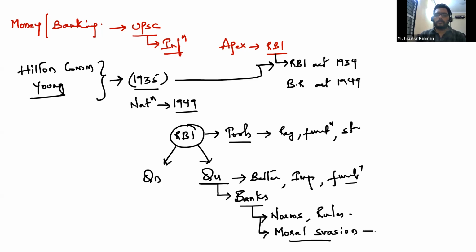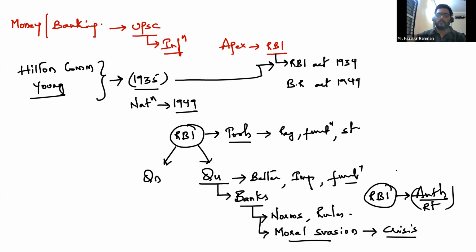Moral suasion means that in times of financial crunch or financial crisis, RBI has every right or authority to take decisions on behalf of the banks.